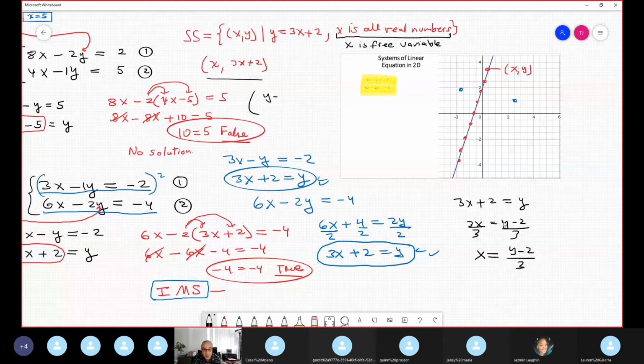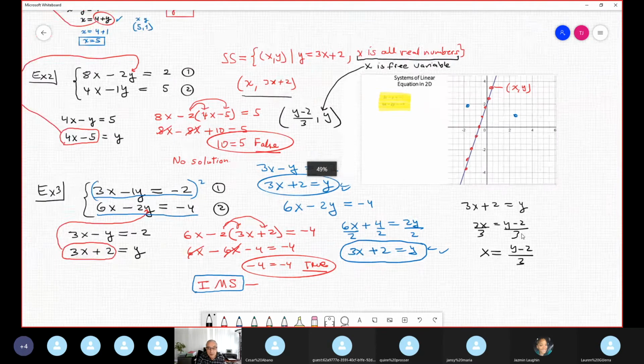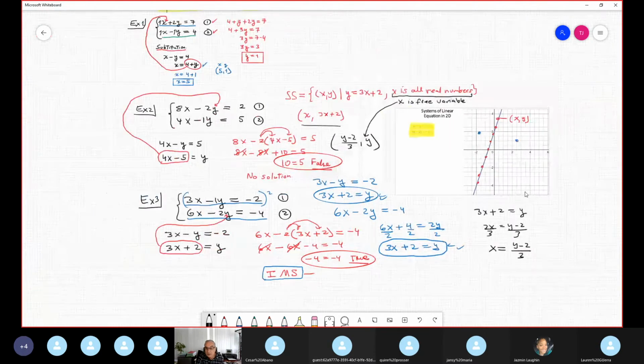You write (y minus 2) over 3, comma y, and you declare in this moment that y is the free variable. So there are many ways, using your common sense and your imagination, and well, the rest is easy.